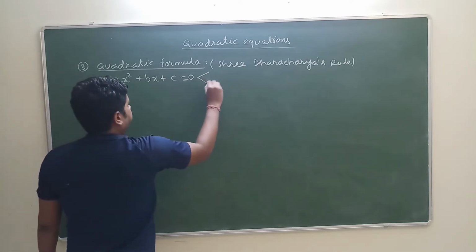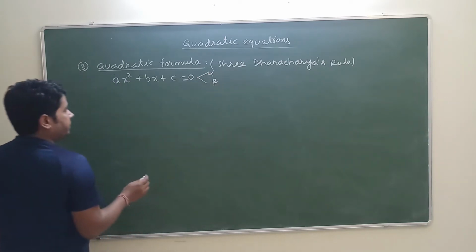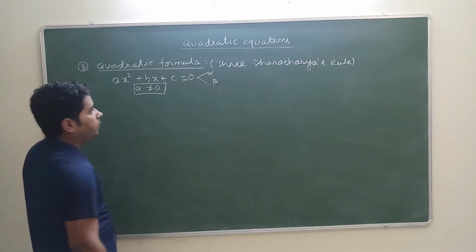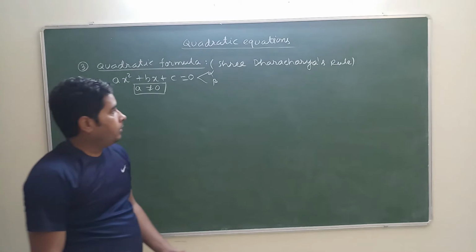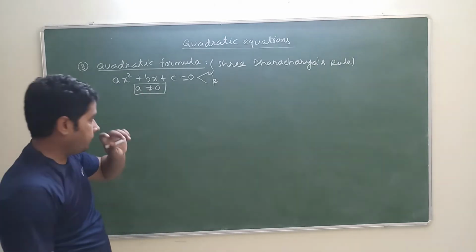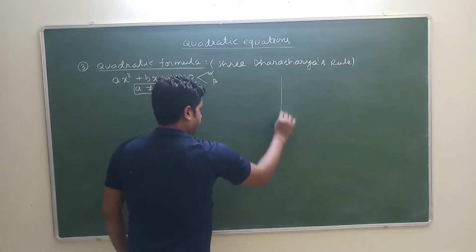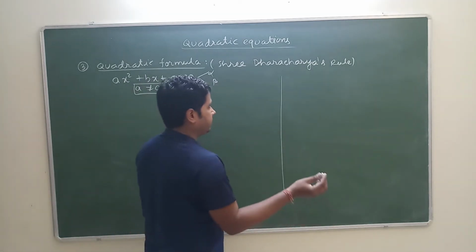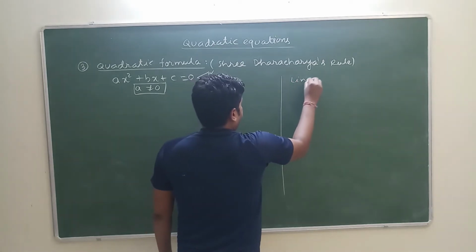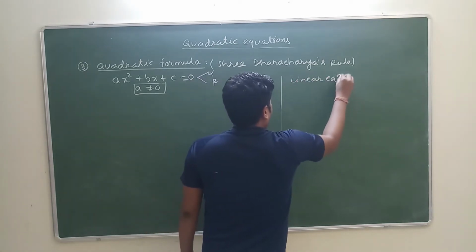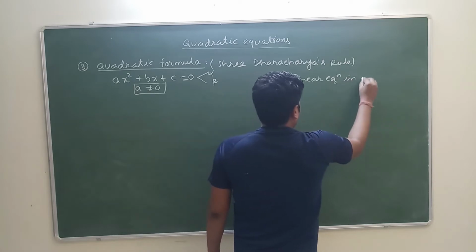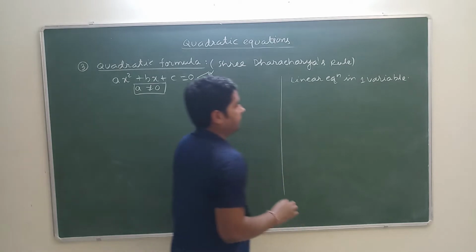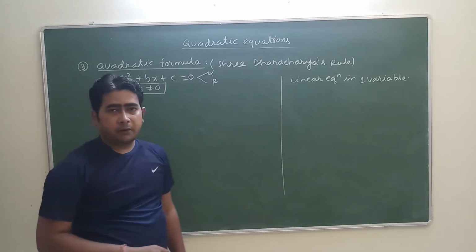Let this be the quadratic equation in which the leading coefficient is not equal to 0. Now what is this rule? To get the feeling of this rule, suppose I am having a linear equation in one variable, which is the simplest equation. Let's take a linear equation in one variable.